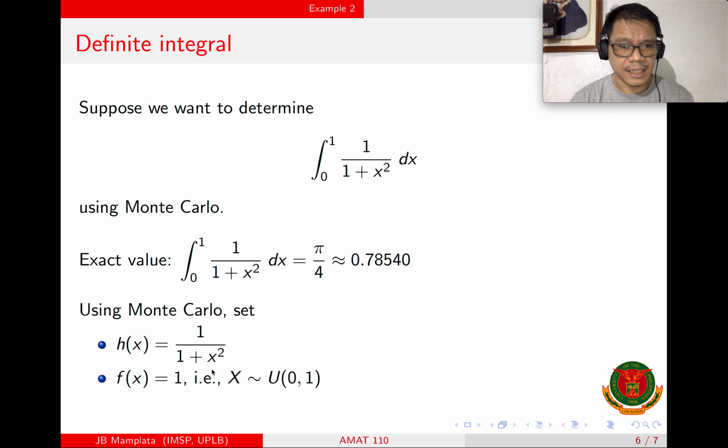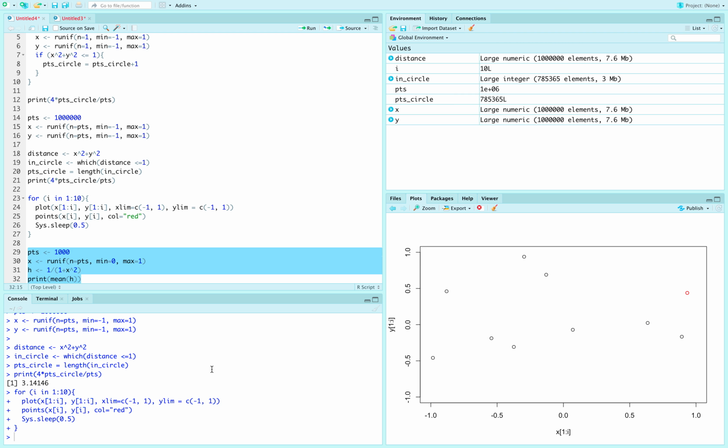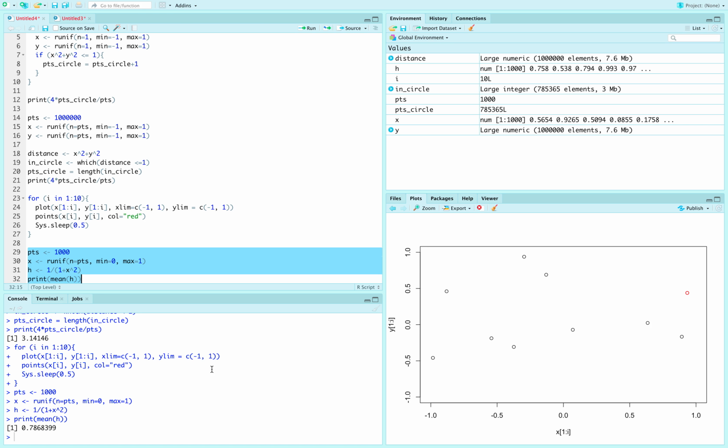Again, balikan lang natin yung nasa slide. The value is 0.78540. So, dapat medyo nasa ganyang value yung makuha nating result. If you have 1,000 points, the average value is 0.7868399.